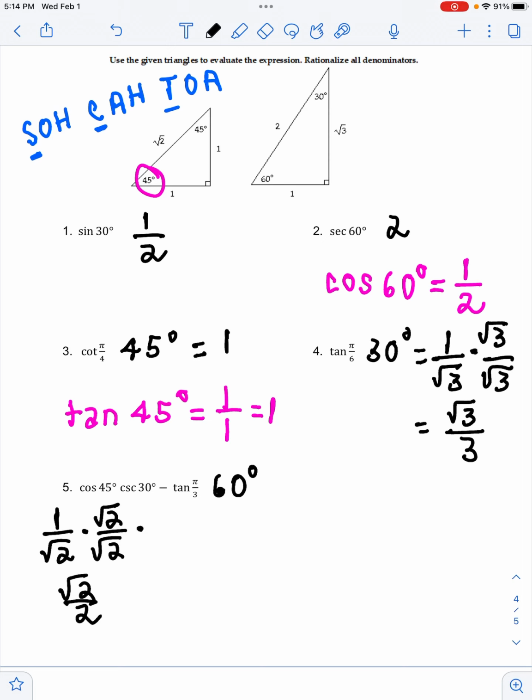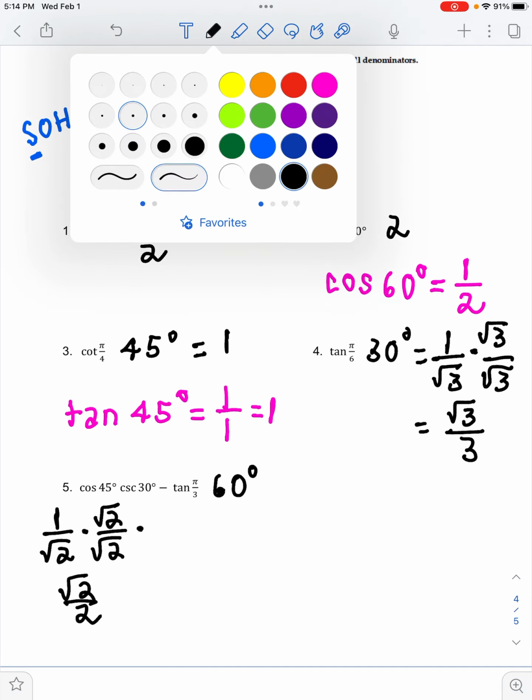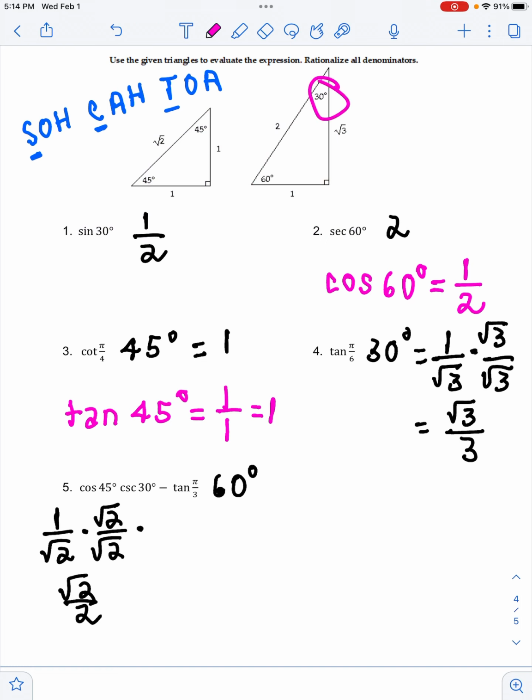Then we multiply that by the cosecant of 30. So 30 degrees is up here, but we've already found the sine of 30 in problem 1. And we know the cosecant is the reciprocal. So that would have to be 2, or 2 over 1. And then we're subtracting the tangent of 60.